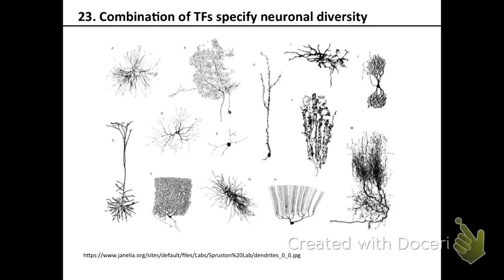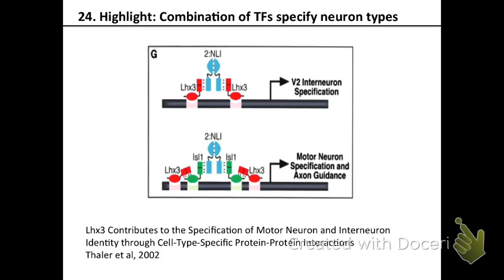And these neurons look like this because they express a different set of transcription factors inside them. And those transcription factors then regulate a different set of the transcriptome and regulate different genes at different levels. So how does this happen mechanistically, right? Here's one example of how that might happen.